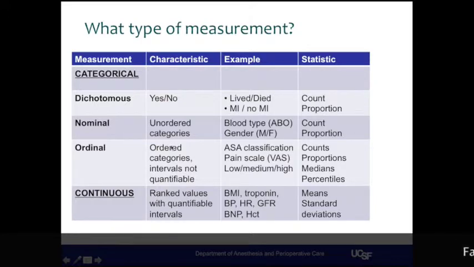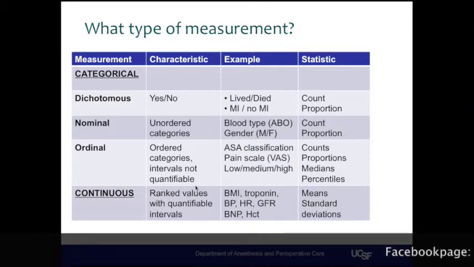There are ordered categories, which are in a certain sequence, but the intervals are not meaningful and identical. So ASA classification, pain scores, low or medium or high complexity. All of those things have an order to them, but they don't have defined meaningful intervals between them.